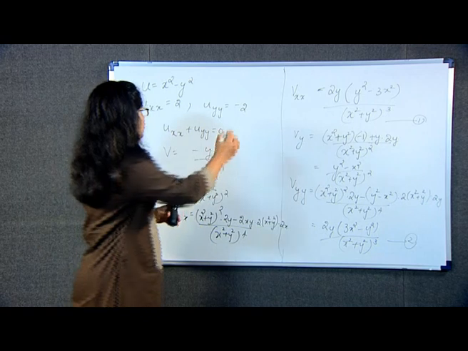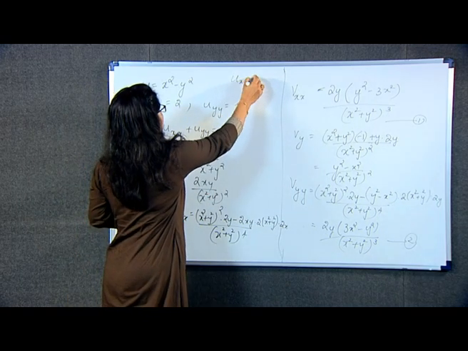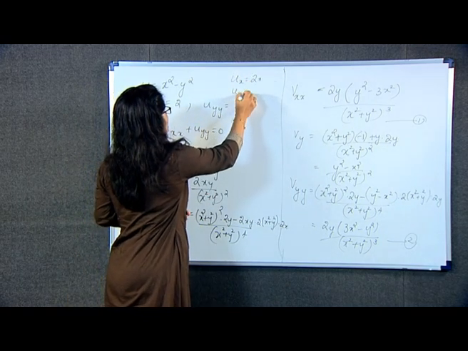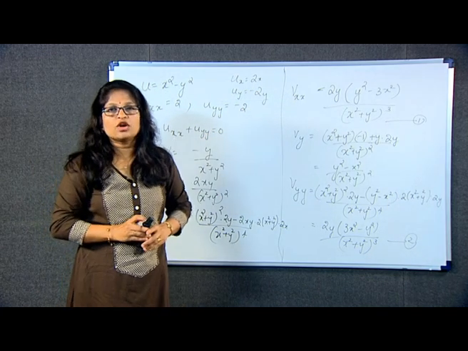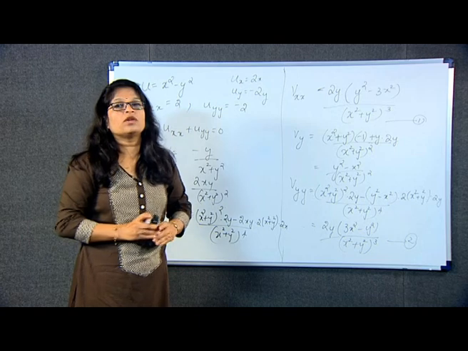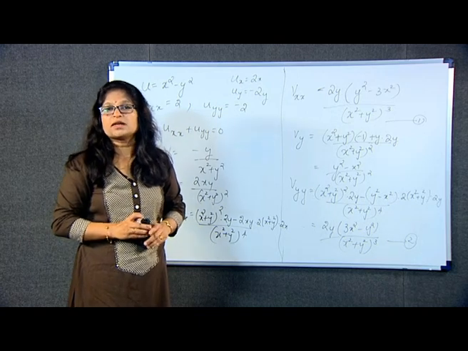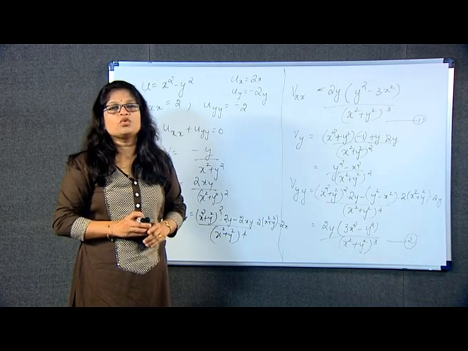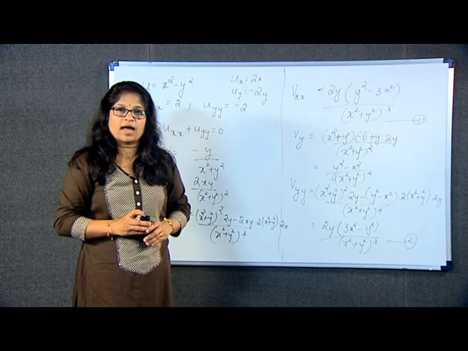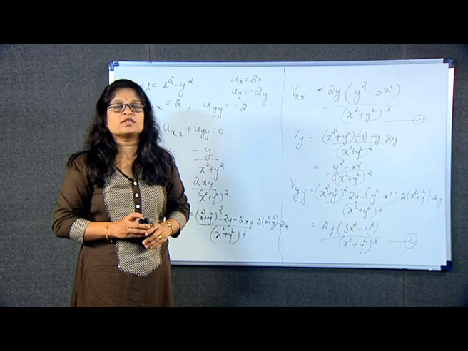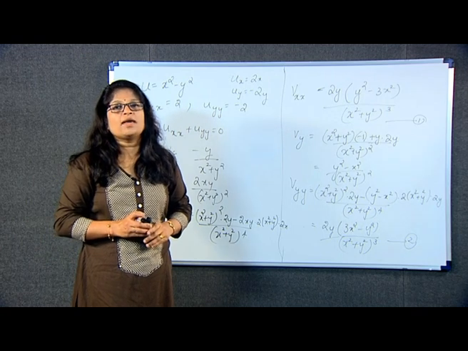No. Your ux is 2x and uy is minus 2y. So, your ux does not match with your vy and uy is not equal to minus vx. That means the CR equations are not satisfied and hence u plus iv cannot be analytic. So, it does not mean that any two harmonic functions when written as u plus iv will be an analytic function.